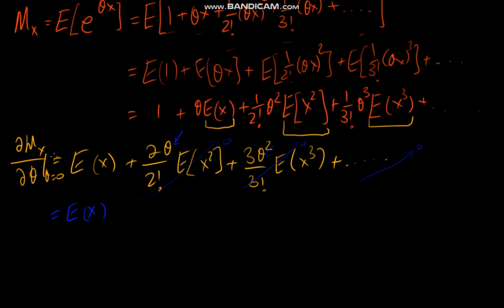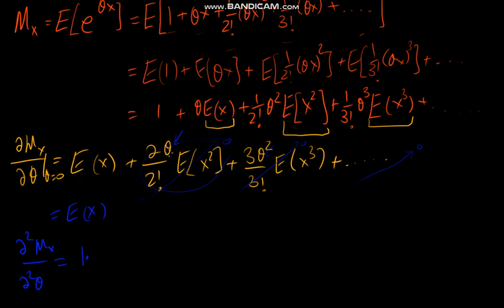Now let's talk about the second moment. If we want to compute the second moment, we derive this moment generating function again with respect to theta. The first term, which is constant, will be 0. The second term will be just 2 over 2 factorial, which is 1.